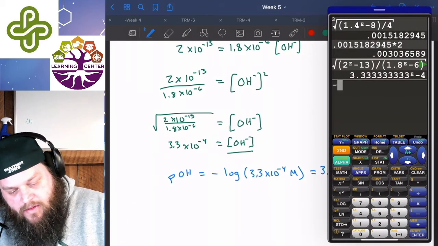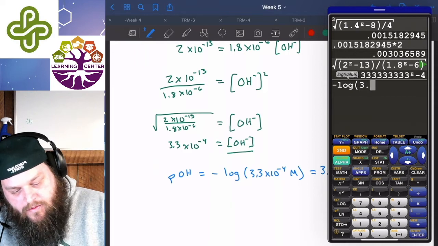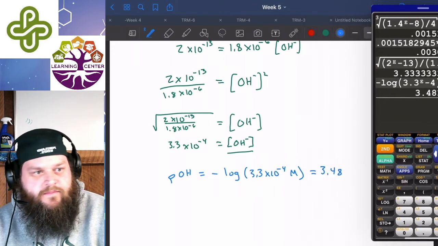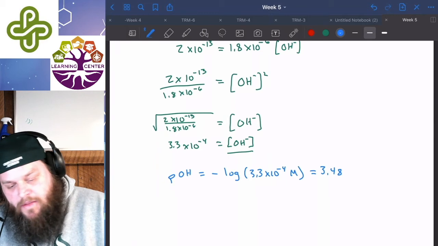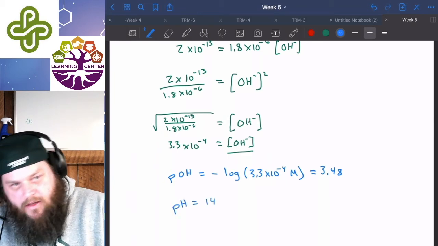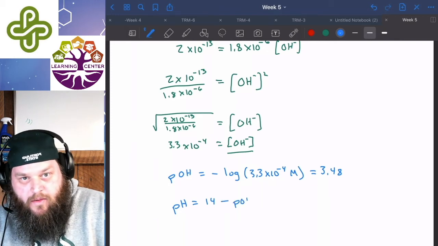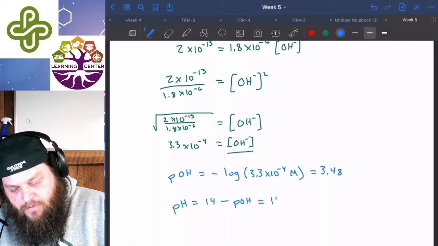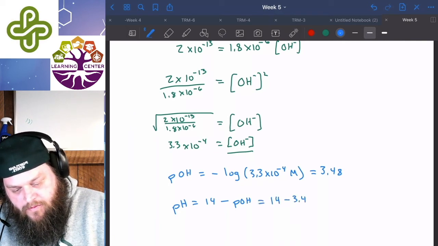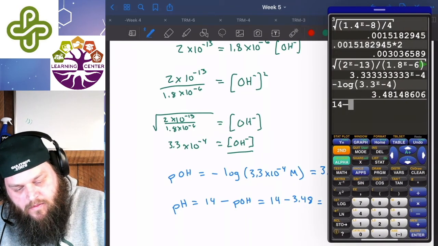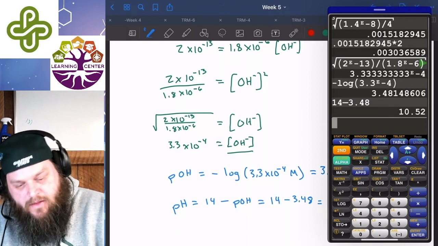You can do the math. Negative log 3.3 e to the negative 4. There it is, 3.48. But that's not our pH. To get the pH, we have to equal 14 minus the pOH, which is equal to 14 minus 3.48, which gets us to 10.52.